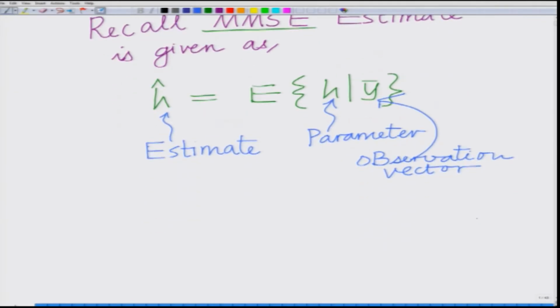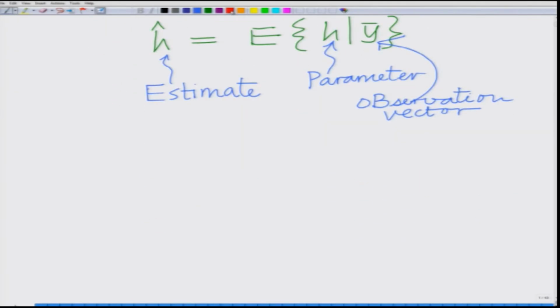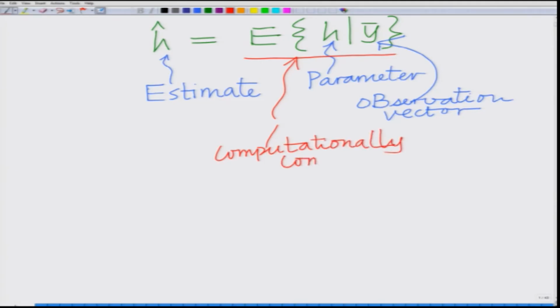However, computing this is a computationally complex task. Why are we saying this is computationally complex?